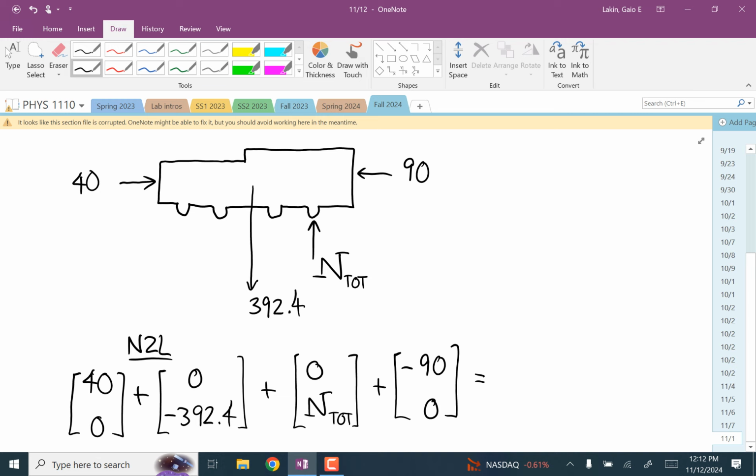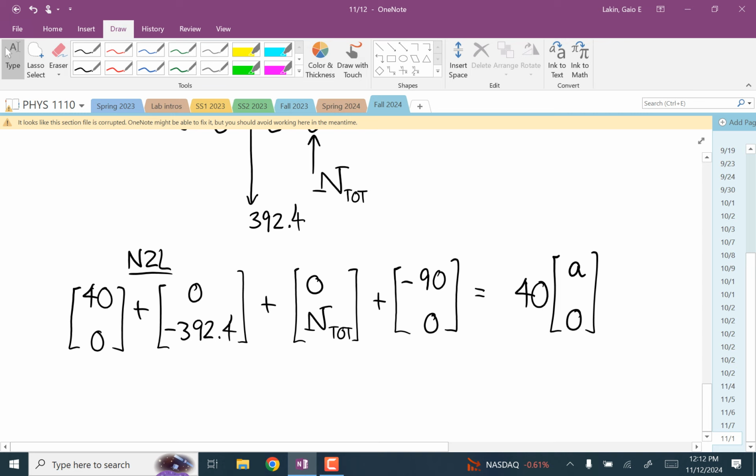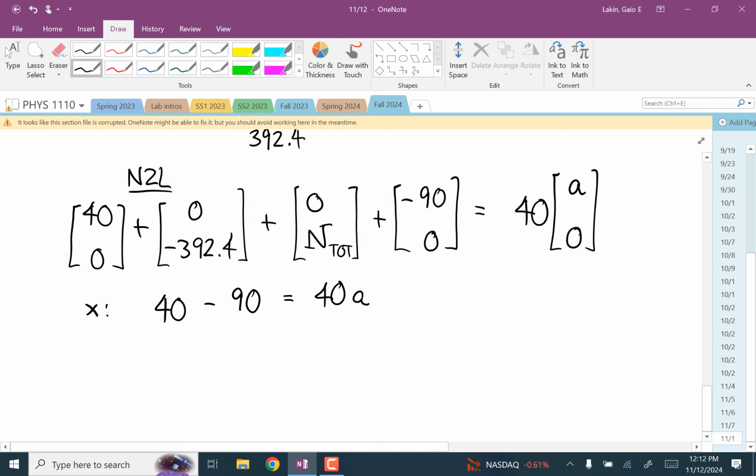Yep, X. So this is going to be the mass, 40, times the acceleration, A, 0. We're just looking for that A. So all we need is the X equation here, and it says 40 minus 90 is equal to 40A. So negative 50 is equal to 40A. Divide both sides by 40, and you get that A is equal to negative 1.25 meters per second squared.